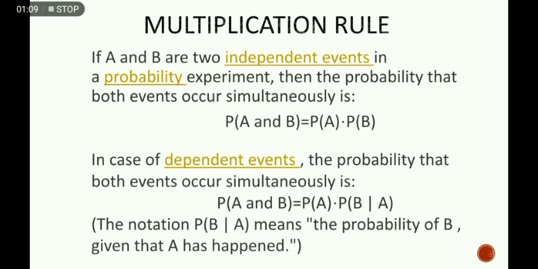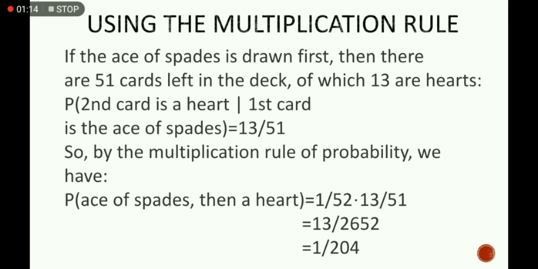So by using nga yung formula dito, yung probability of A and B is equals to probability of A multiply sa probability ng B. At ang nakuha nating probability ng A, which is the ace of spades, ay 1/52. At yung probability naman ng heart ay 13/51. So, sa multiplication rule, kailangang i-multiply yung probability ng A sa B, which is the ace of spades and the heart.